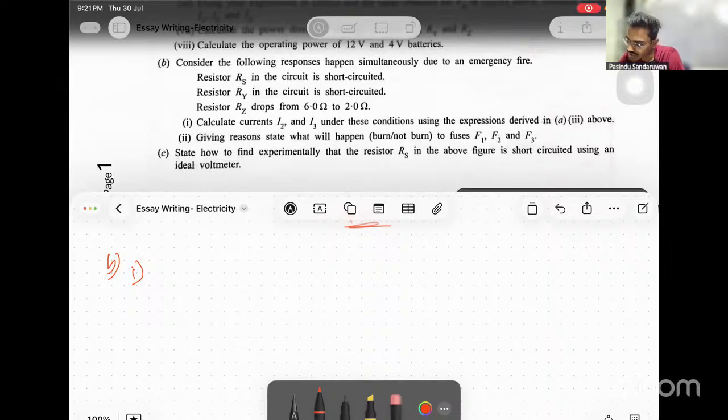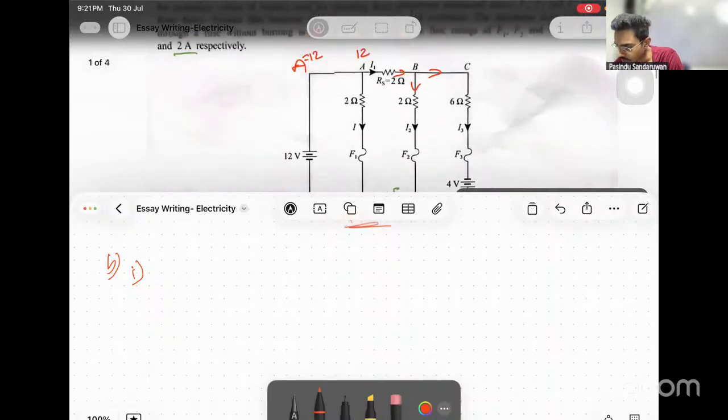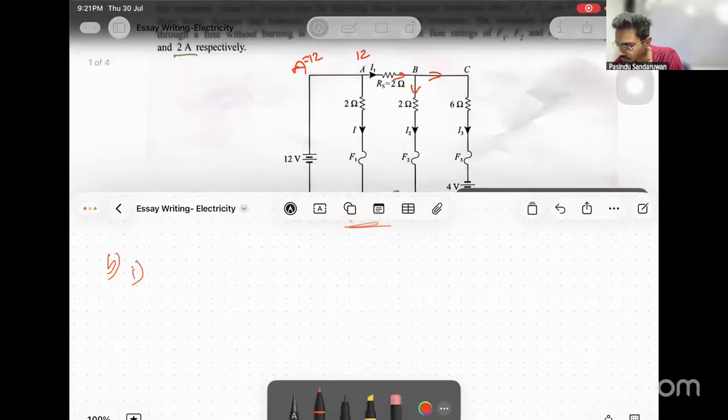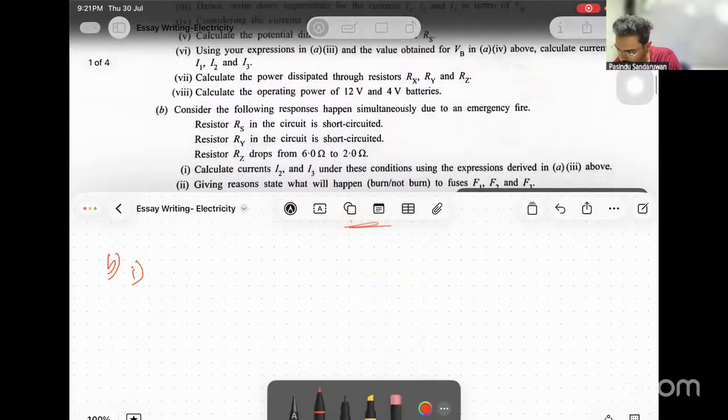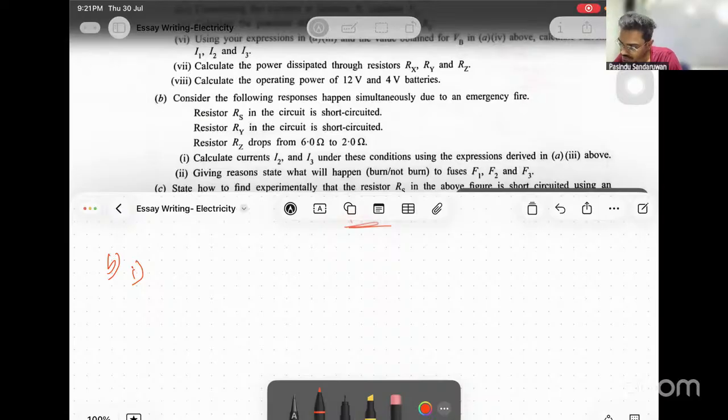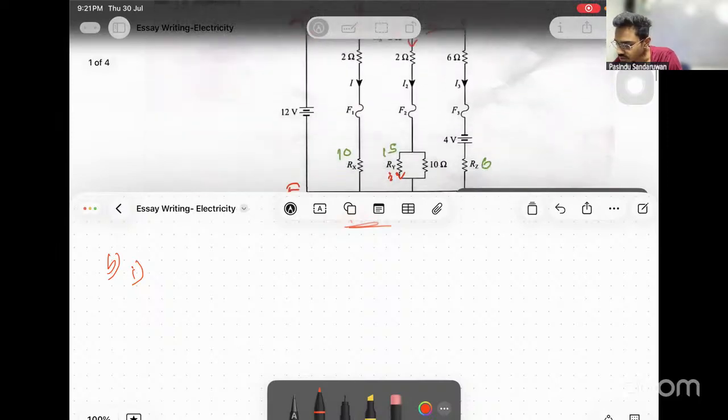If Rs is a short circuit, and resistor Ry in the circuit is also short circuited, which means no current flows through Ry.